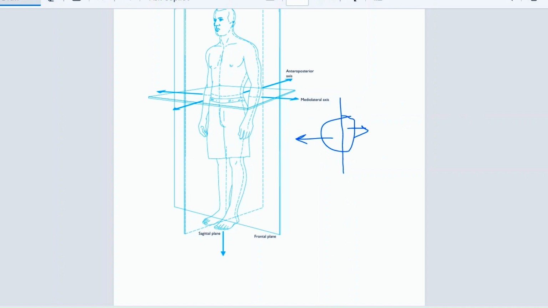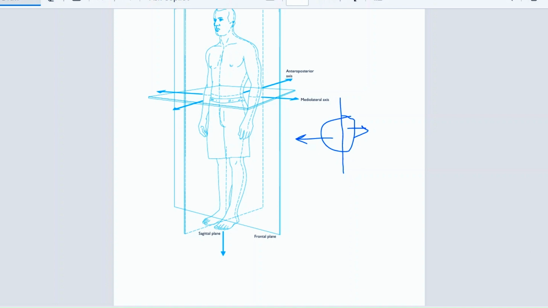Movement in this plane involves side to side motions, the lateral motion, as you know. Examples of frontal plane movements include jumping jacks, because arms and legs move sideways. Also side kicks, as in soccer or karate, where the legs move outward to the side.